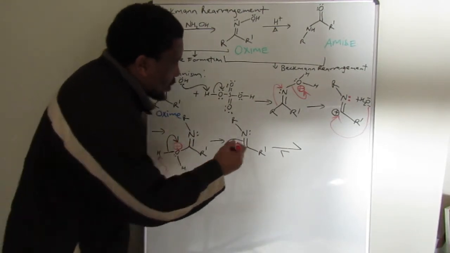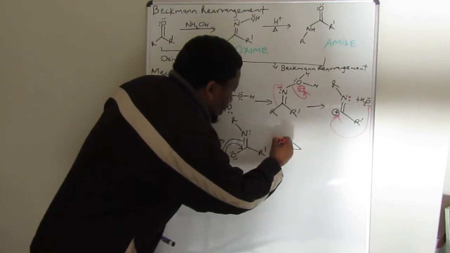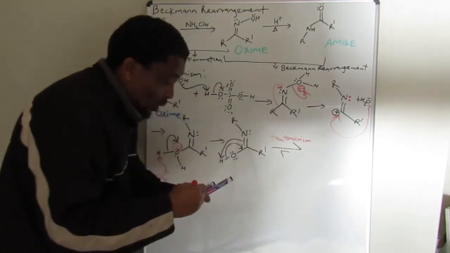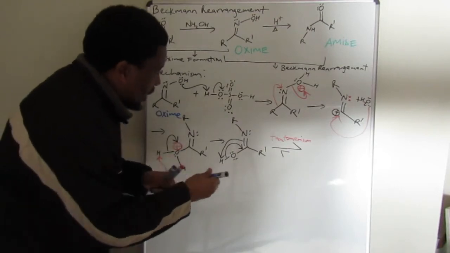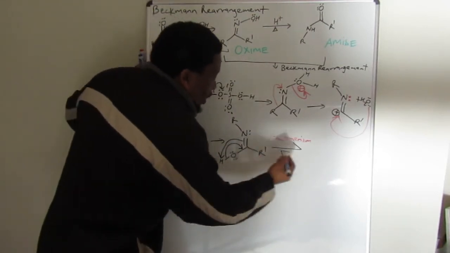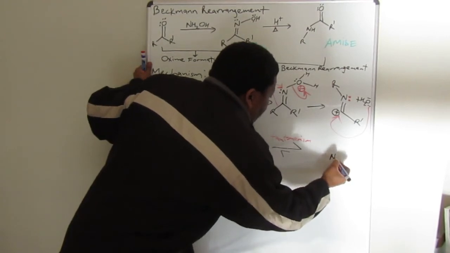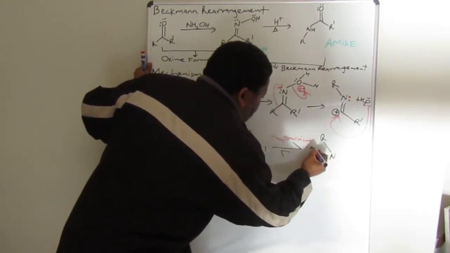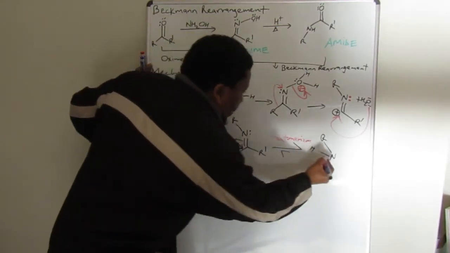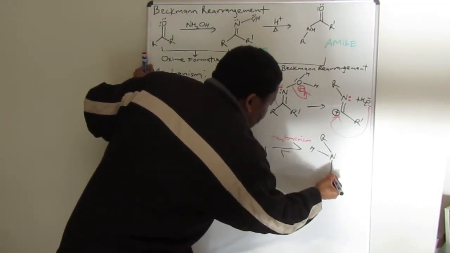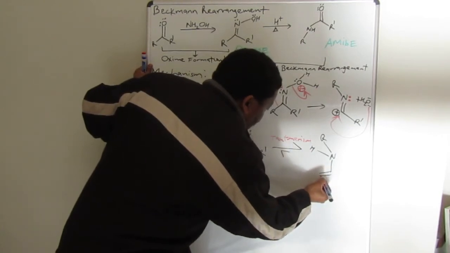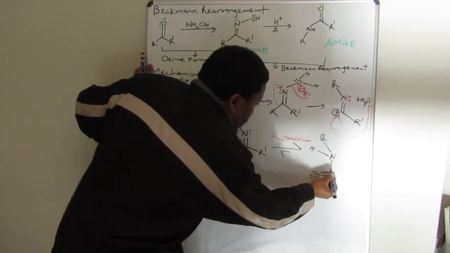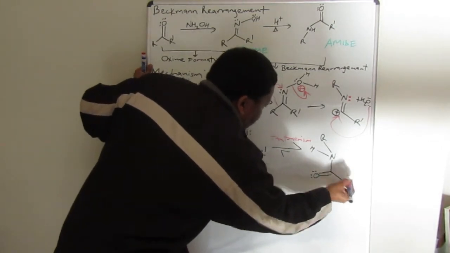In this case, we shall have N that is bonded to R, the new bond will be to this hydrogen, and then a single bond here to carbon, which is doubly bonded to oxygen, with two lone pairs, then R prime.